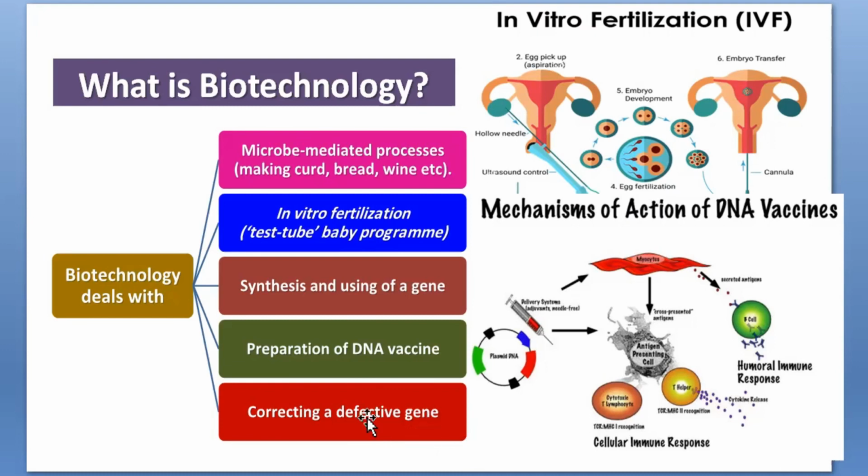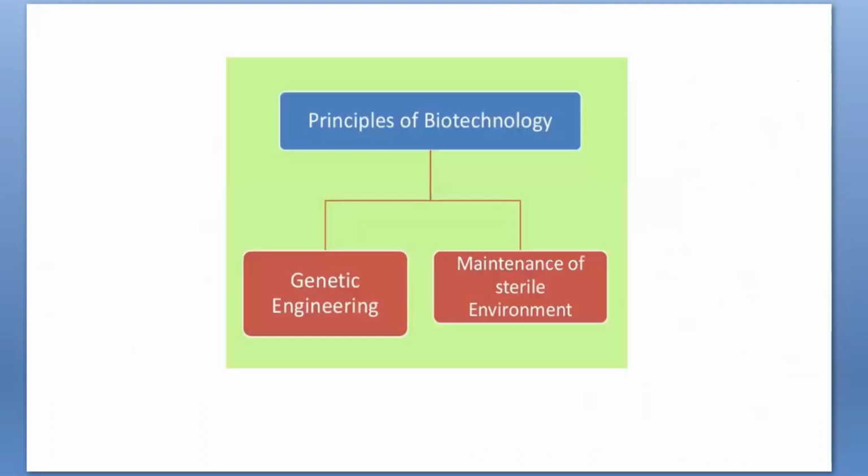So we can correct this ADA deficiency also. That is gene therapy. So these are the areas where biotechnology plays a very, very important role. Okay, this is just an introduction.